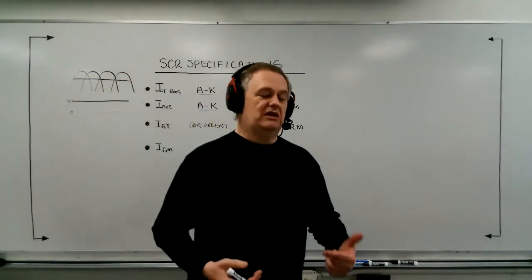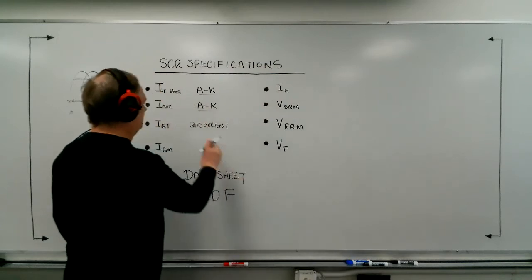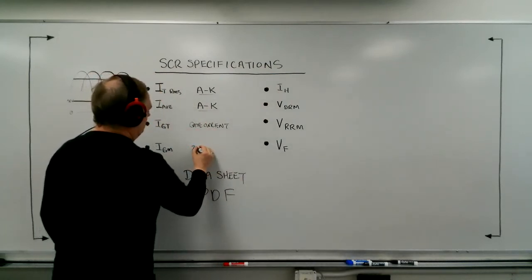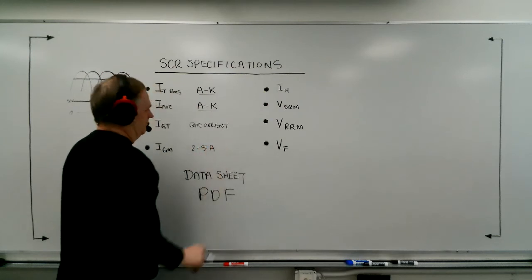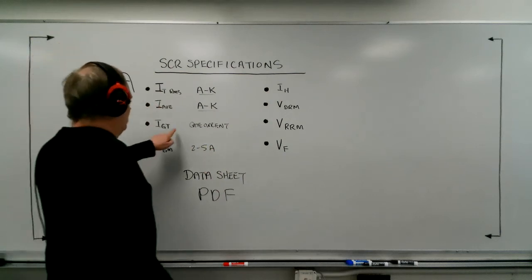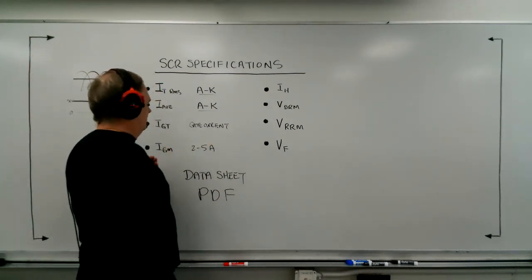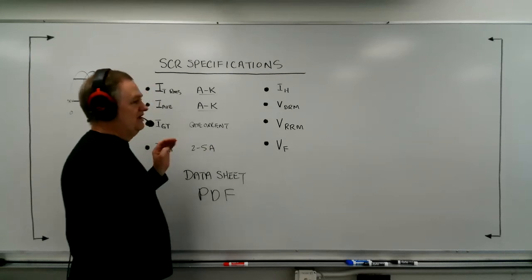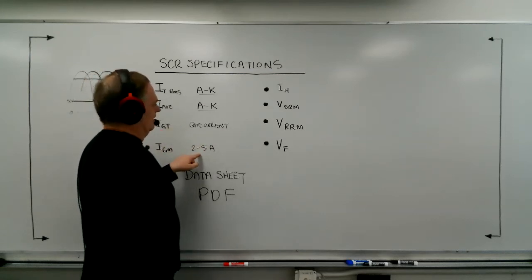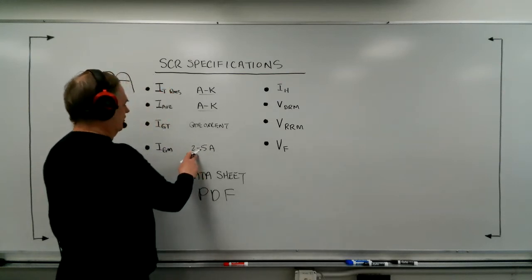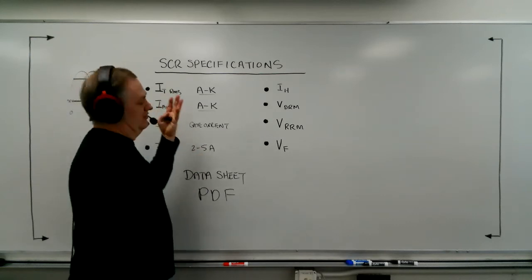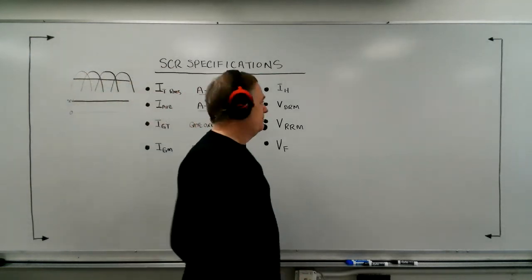This will make a lot more sense a little later on, but even though this gate current may be in the milliamps, this can be rated as high as between 2 to 5 amps, because sometimes, depending on the firing angle, you could have a very small current, but at some point in the waveform that's feeding that pulse current in, it's going to be a little higher. So we do have a maximum current rating for the gate. Still quite a low value when compared to, say, the 40 amps from A to K.